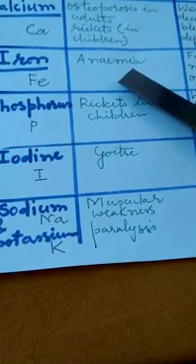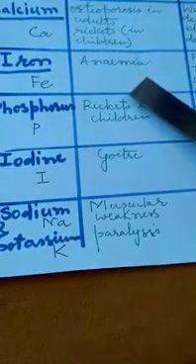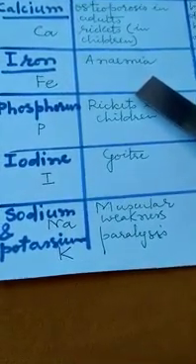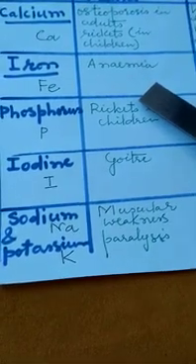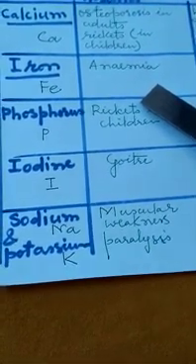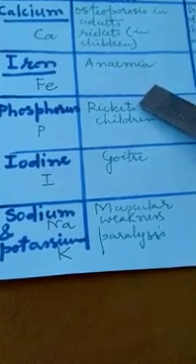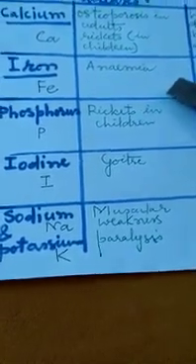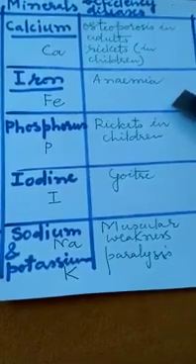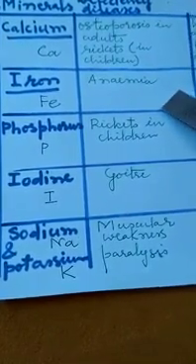Due to deficiency of hemoglobin, the blood of a person is not able to carry sufficient oxygen to all the body cells to meet their requirement of oxidation of food. And all of us know that respiration is the oxidation of food by which we get energy.